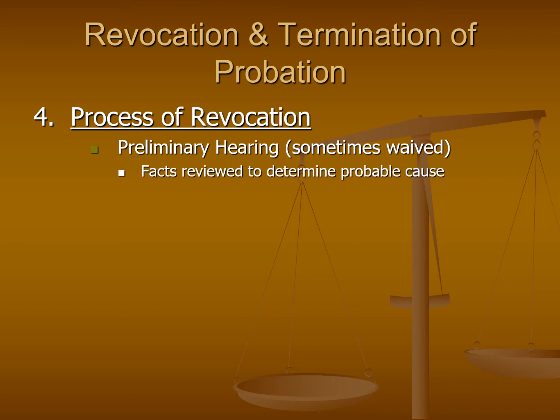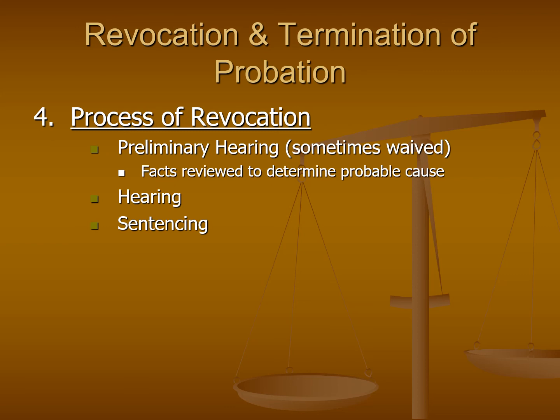As with most preliminary hearings, the facts are reviewed to determine probable cause. Then there is the official formal hearing for revocation. After that hearing, it is determined whether or not an individual has truly violated the terms and conditions of their probation, and then the judge gets to make the determination of how to move forward with that individual.